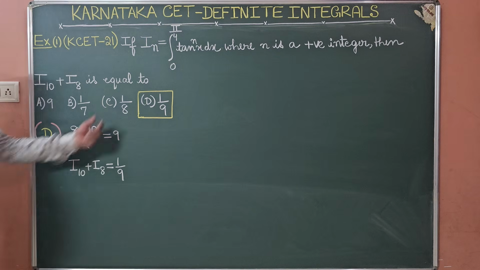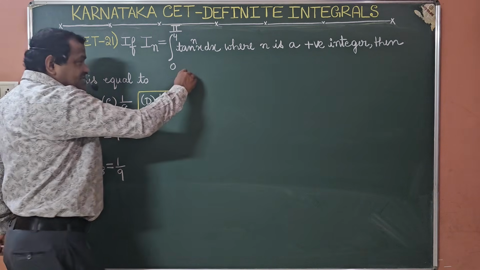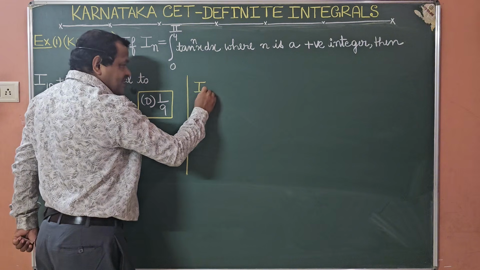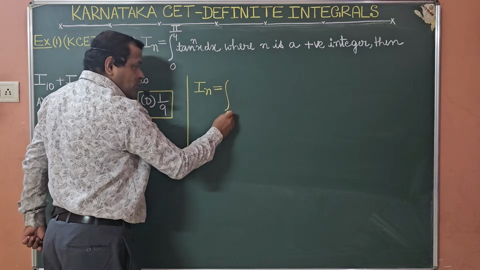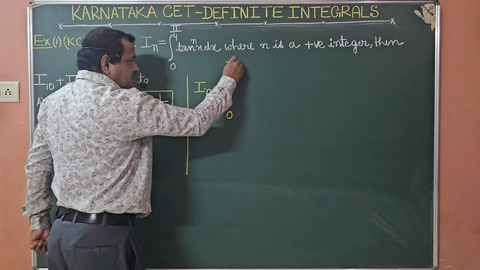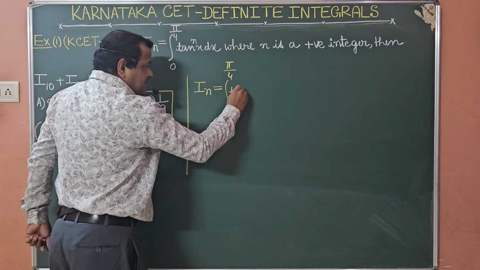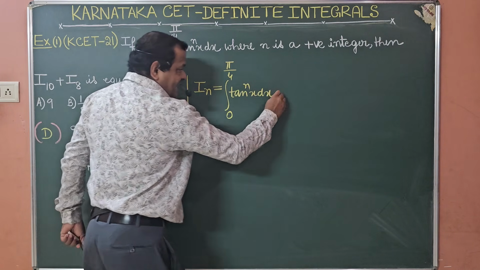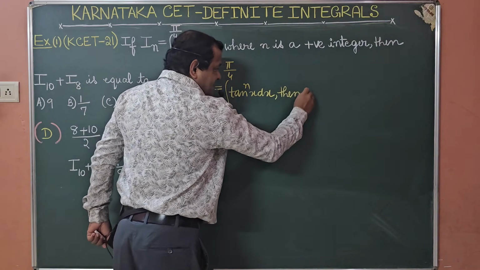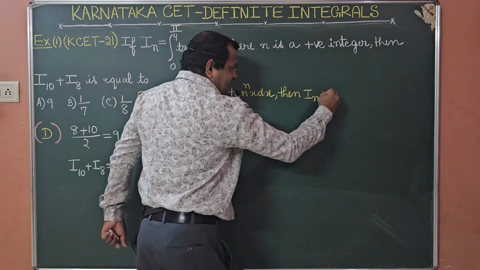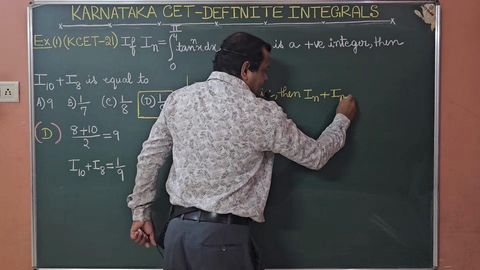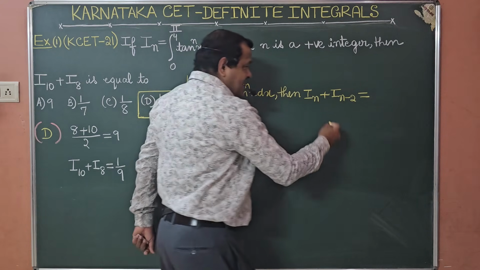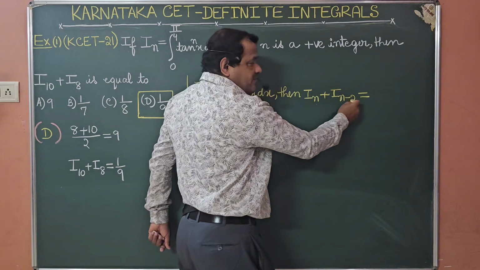So, the short trick that I explained just now: if I suffix n is equal to integration from 0 to pi by 4 of tan power nx dx, then I suffix n plus I suffix n minus 2 is equal to, I said, add n to n minus 2.